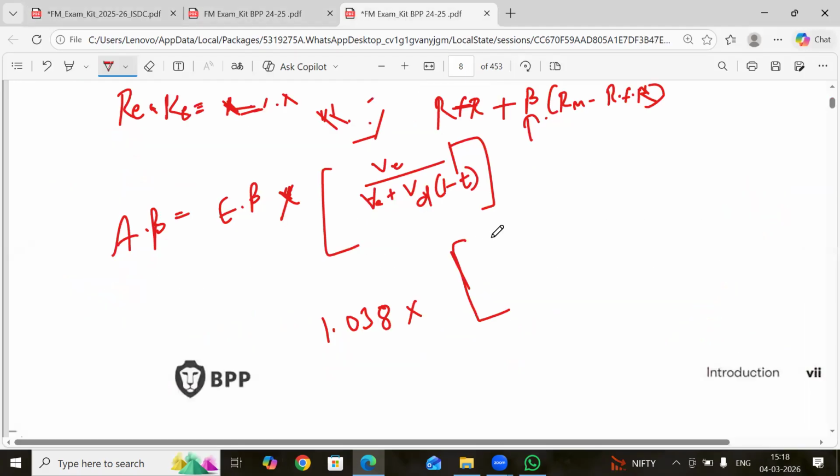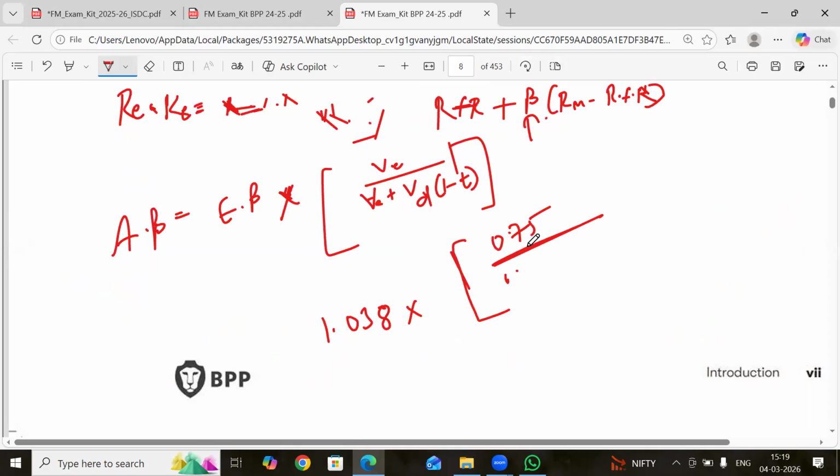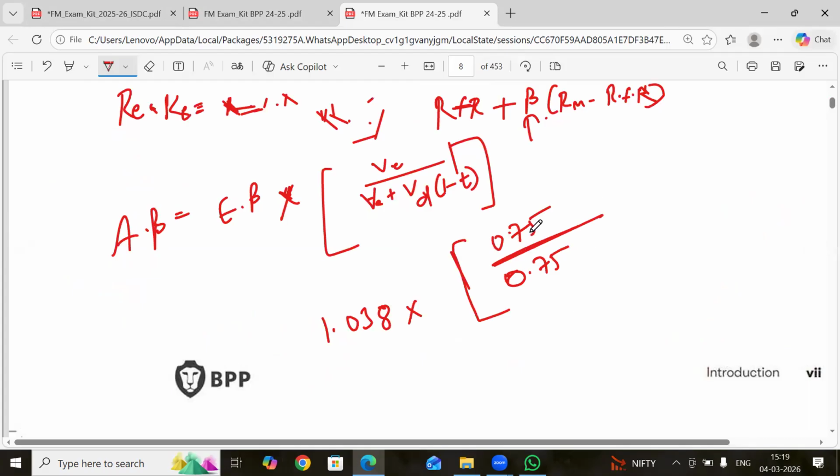So 0.75 by 0.75 plus 0.25 into 1 minus tax rate.